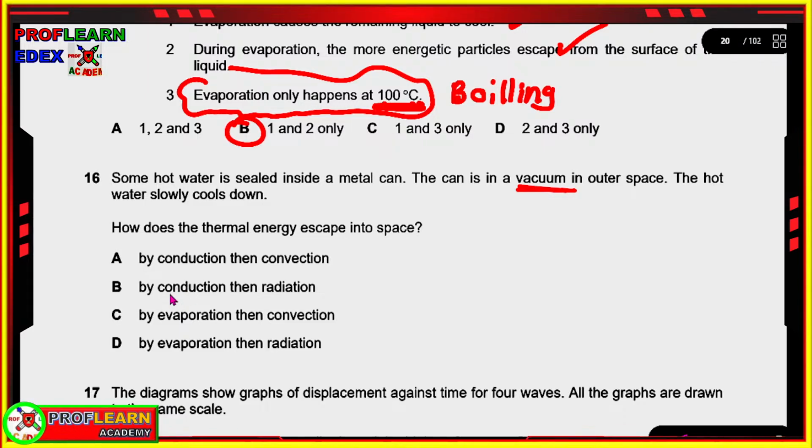Because there is no gas inside the vacuum for convection to take place, we're going to say conduction through the metal can, and then radiation, because radiation does not require any medium for transmission.